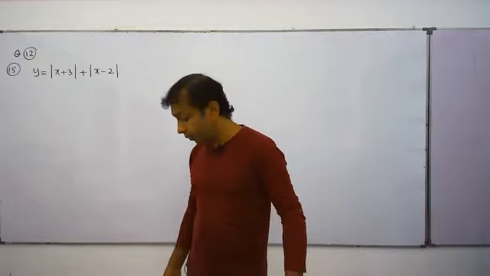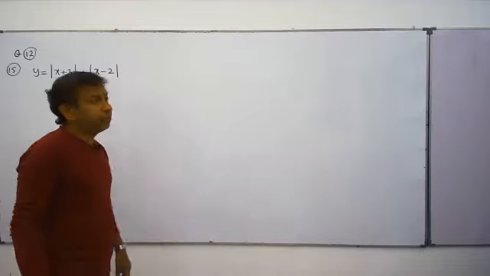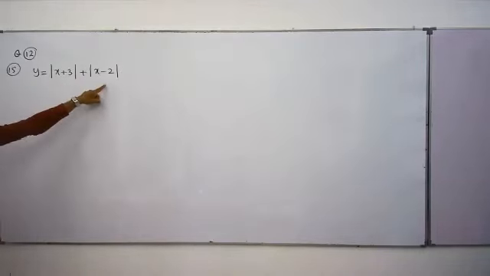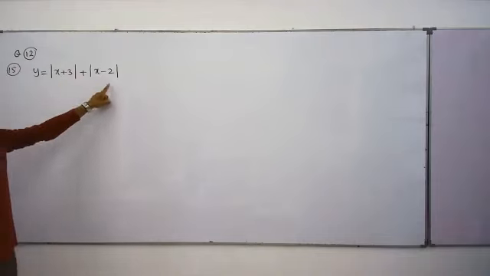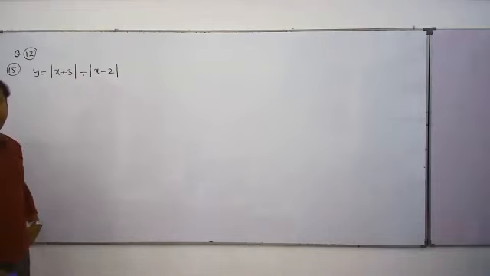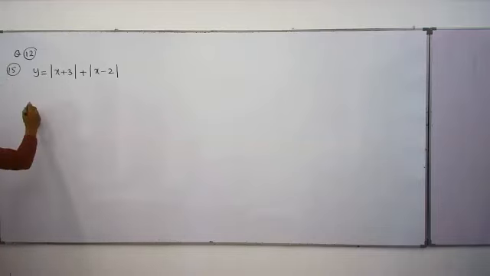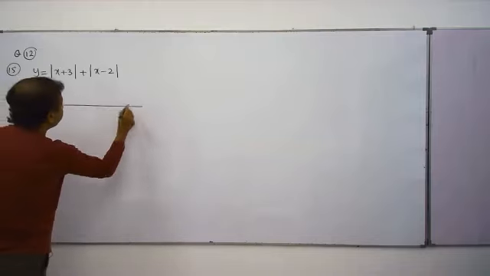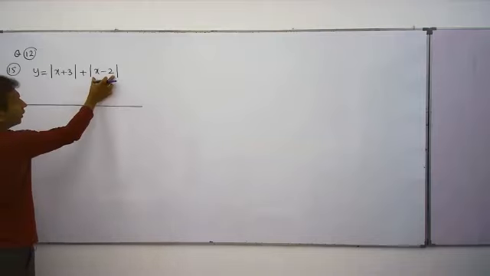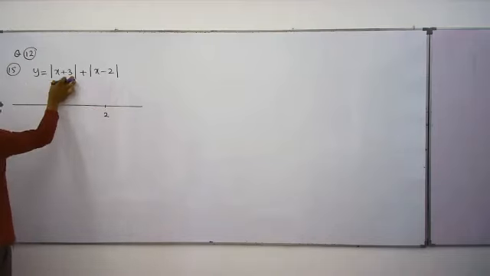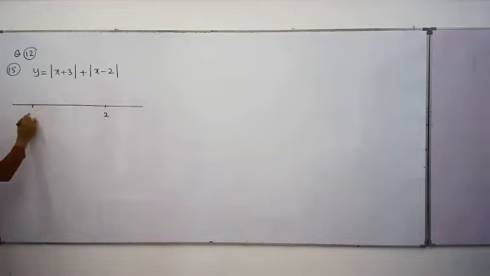First we have to define both moduli, mod x plus 3 and mod x minus 2. You know how to define them, right? If I mark them on the number line, mod x minus 2 changes at x equals 2, and mod x plus 3 changes at x equals minus 3.